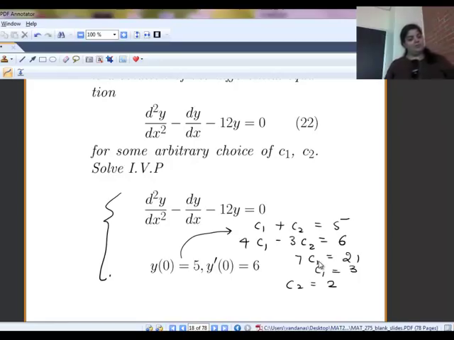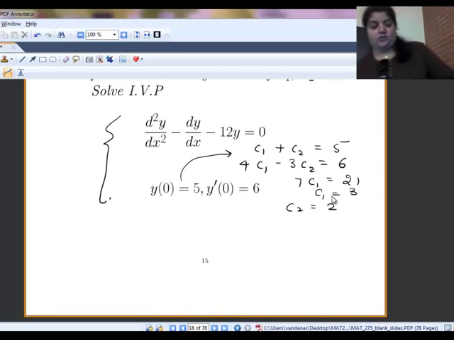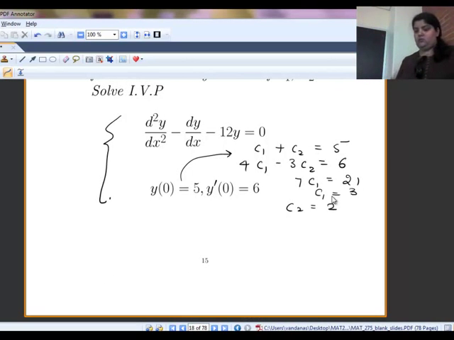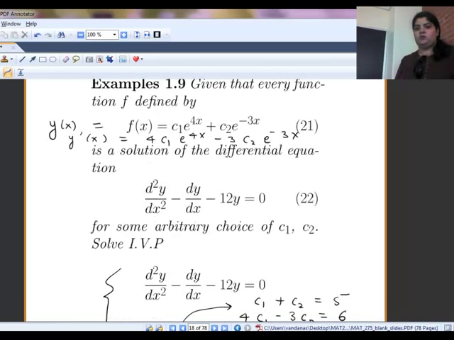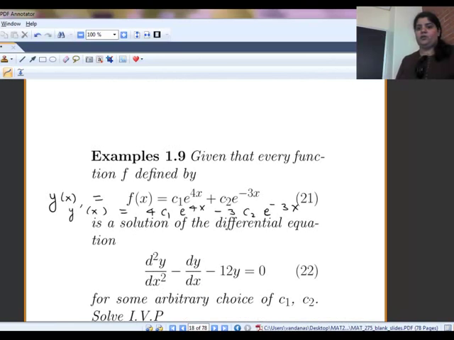x is a solution of this differential equation. So now if you plug in e to the power lambda x, which is a function, into this differential equation, you will get a value of lambda. Now the interesting solution of this problem: the unique solution of this problem is C1 with e to the power 4x, right?